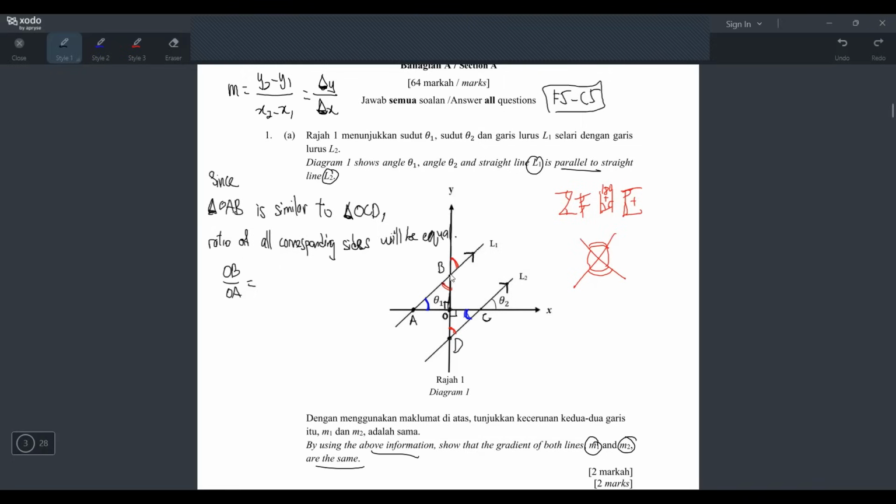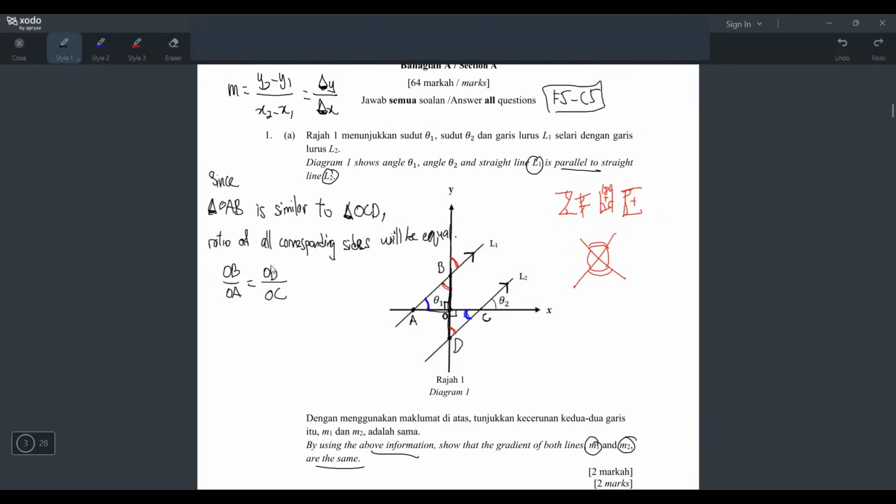If you look carefully, the corresponding side of OB will be OD. Do you agree? Because OB's corresponding side is OD. And then the corresponding side for OA is OC. So what I'm basically saying is that the ratio of OB to OA is the same as the ratio of OD to OC.